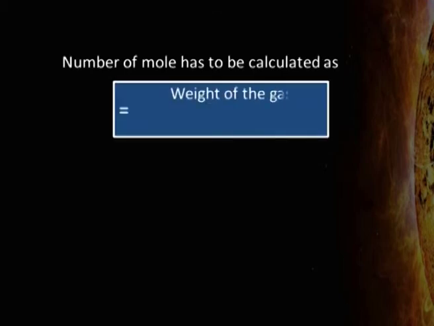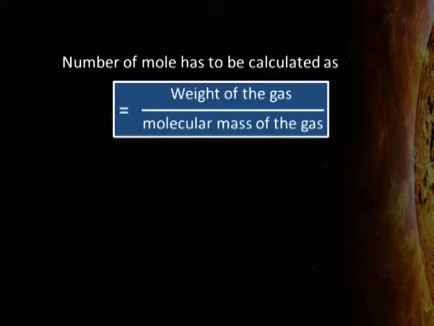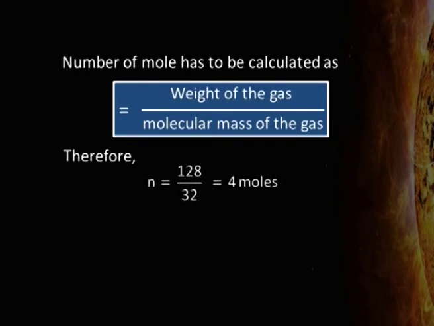Number of moles has to be calculated as weight of the gas divided by molecular mass of the gas. Therefore, n will be equal to 128 upon 32, equal to 4 moles. Here T2 is 100 degree Celsius, which is 373 Kelvin, and T1 is 0 degree Celsius, which is 273 Kelvin.